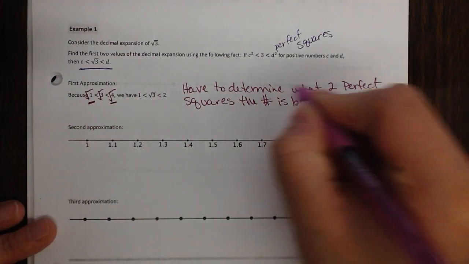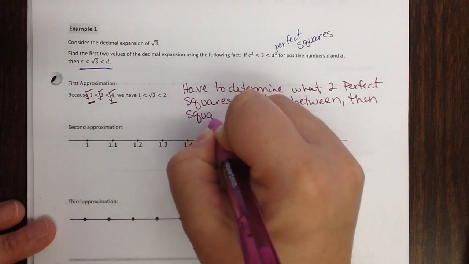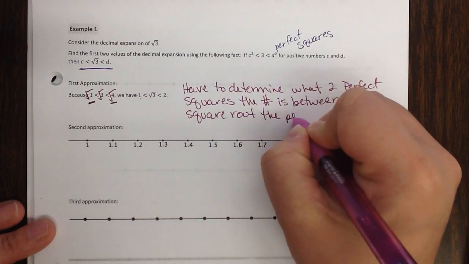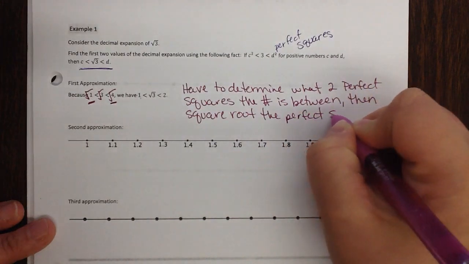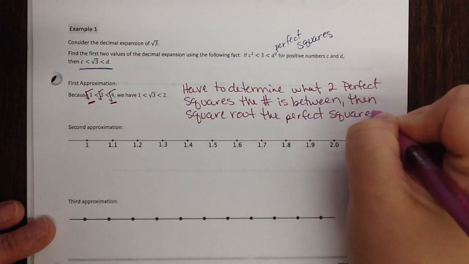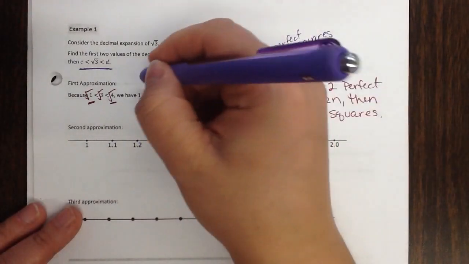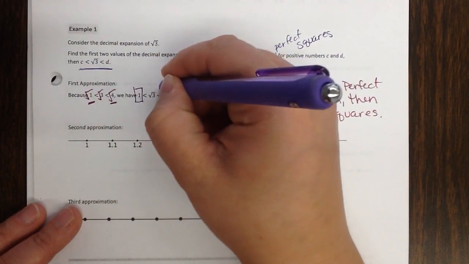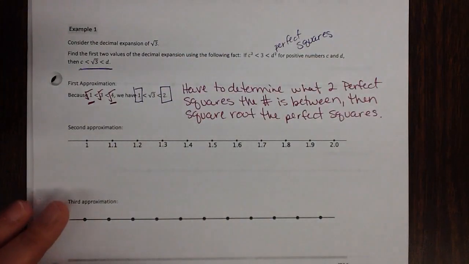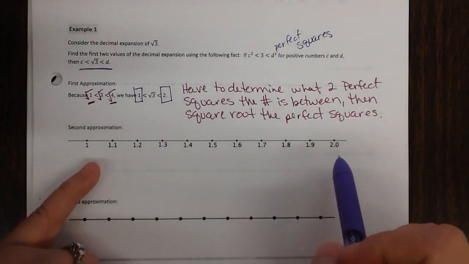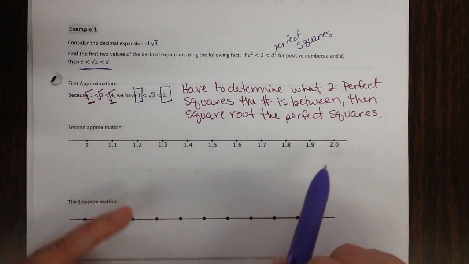Then square root the perfect squares. Okay, and that's where we see that the square root of 3 is between 1 and 2. So we have our number line here. The square root of 3 is between 1 and 2.